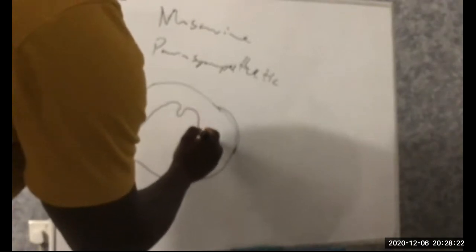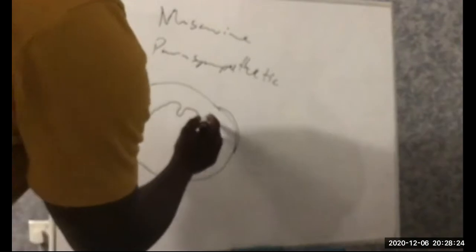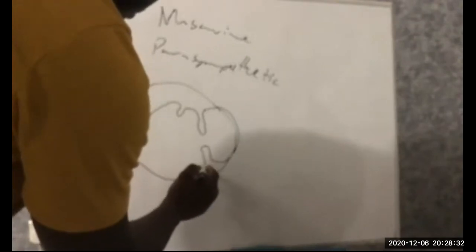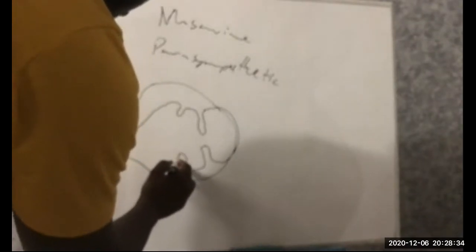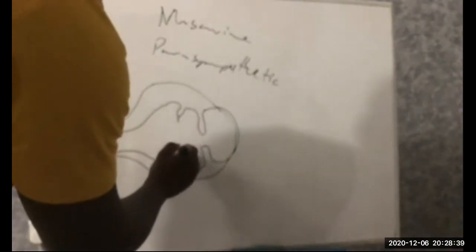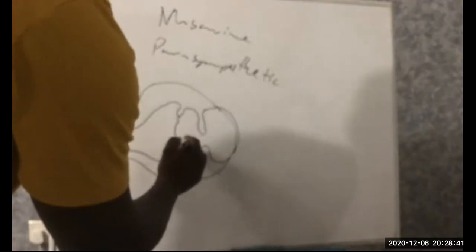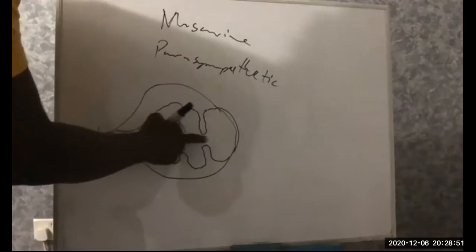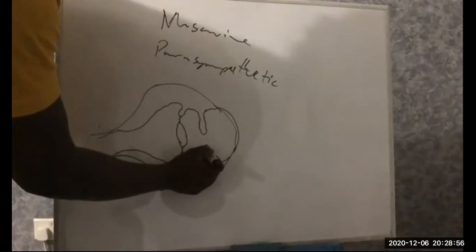And this one becomes what? The iris, right? Then the ciliary body has some suspensory ligaments, or what they call zonules. Then it suspends the lens. This small hole here is called what? Pupil, good. These ones are the iris.